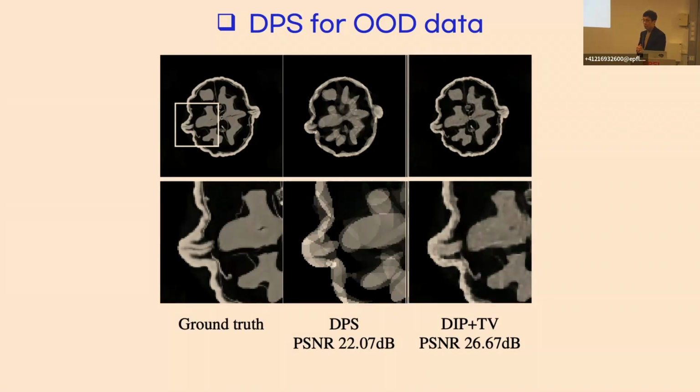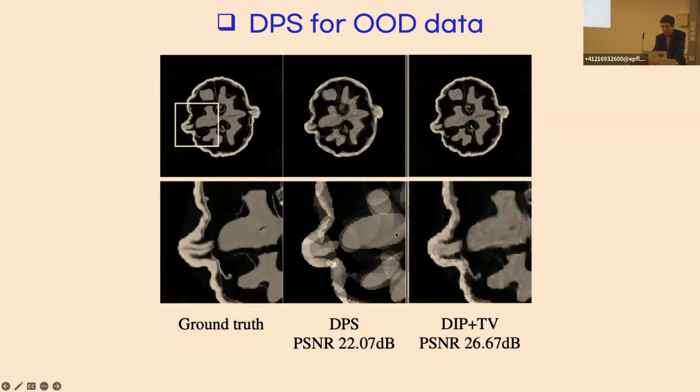So what you can do is train the diffusion model using phantom or simulation data and apply that. This is what happened. In fact, this diffusion model was trained using ellipses only, and then applied to real-world data for CT reconstruction.